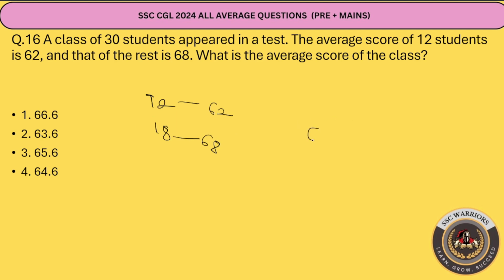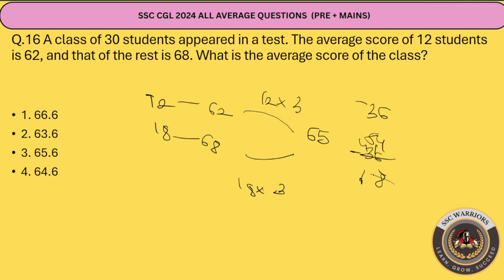Find the average score of the class. Let's suppose the average was 65. So how much below the average is 62? 3 multiplied by 12, that is minus 36. How much above the average is 68? 3 more, multiplied by 18, that is 54. So 18 divided by how much? By 30. 36 goes, that is 0.6 in negative, because here it was positive, sorry, positive. So it will be 65.6.